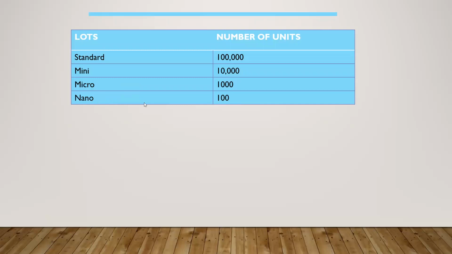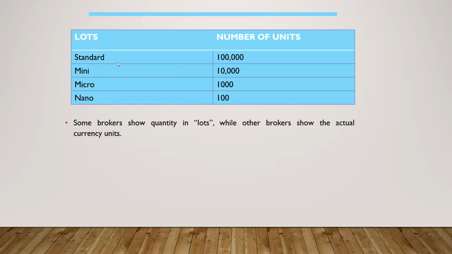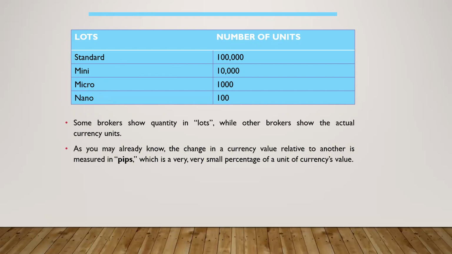Most brokers don't use the nano. I think the nano is usually for cent accounts, while a standard account usually has the micro, the mini, and the standard. Some brokers show the quantity in lots, while other brokers show just the currency value.